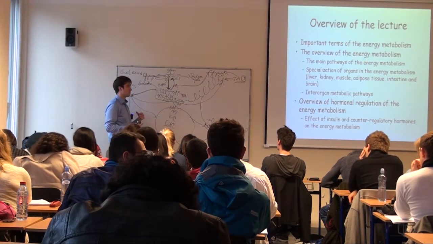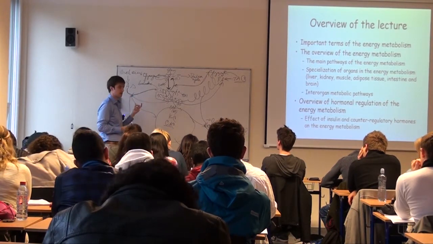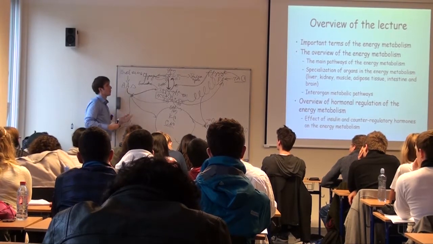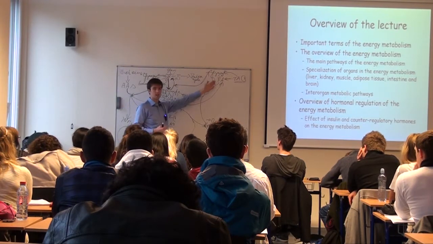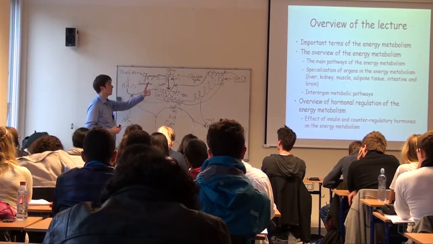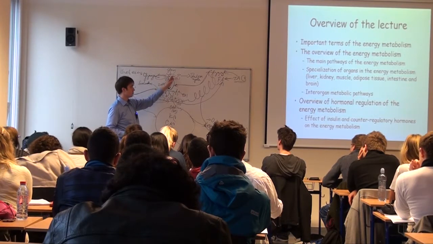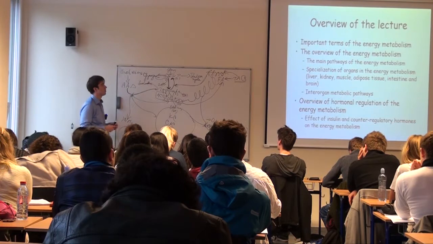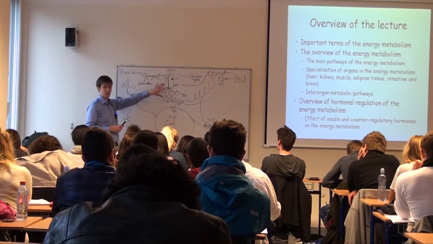Only they can switch according to the body demands. It means if you have, for example, a lot of insulin, you degrade glucose and you produce new fatty acids. If you have a lot of glucagon, that's another hormone that regulates the energy metabolism, you degrade glycogen, produce new glucose, and you degrade fatty acids. So here you see the role of liver in the metabolism of saccharides.